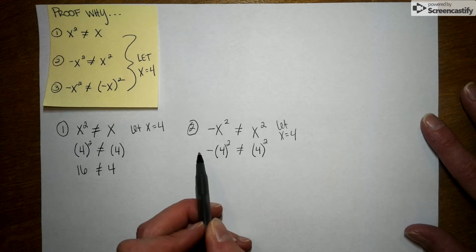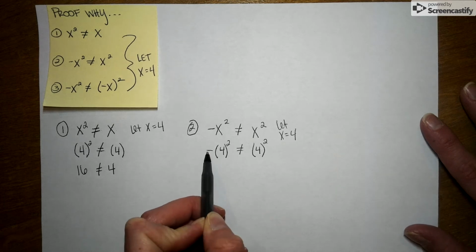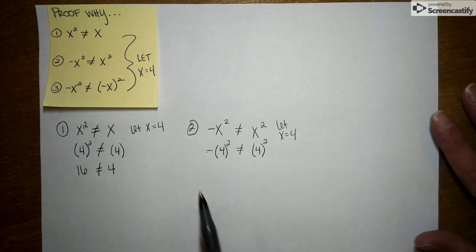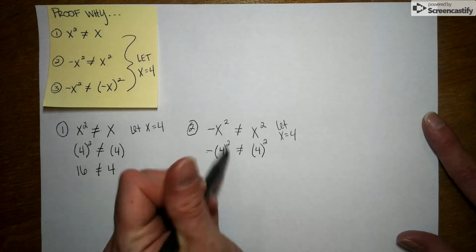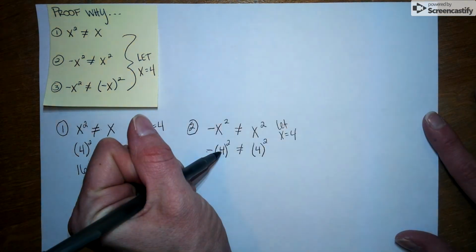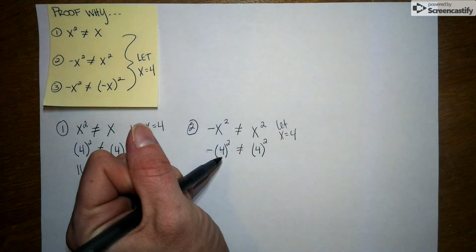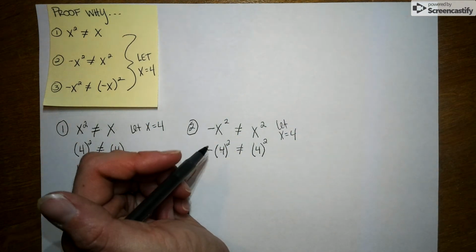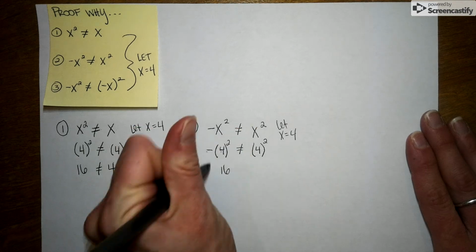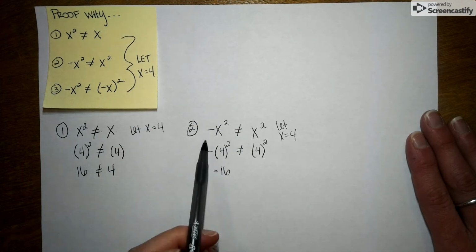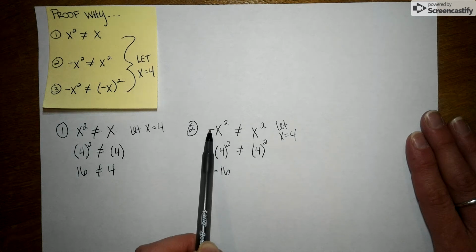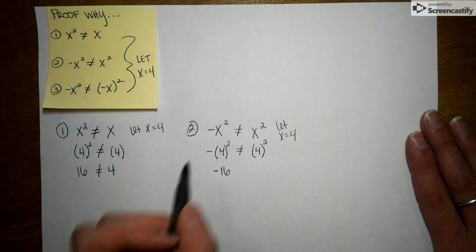On this side, before I take the negative and multiply it with the 4, remember in order of operations, exponents come first. So on this side, I have to do or perform 4 squared first. Again, 4 squared is 4 times 4, which is 16, and I have to carry down this negative sign or this opposite symbol. Remember, this is the opposite of whatever x squared is.